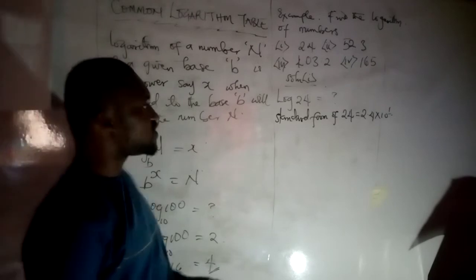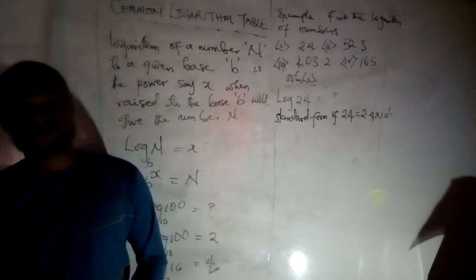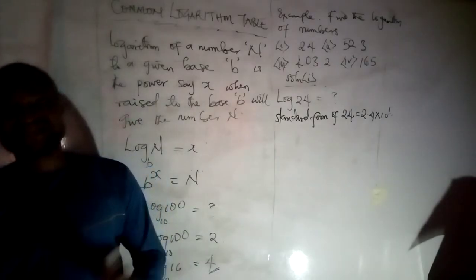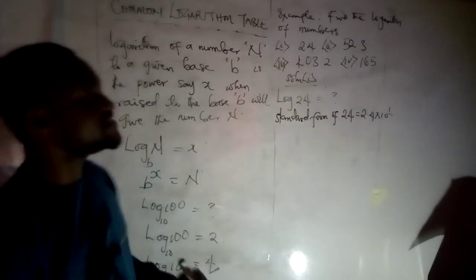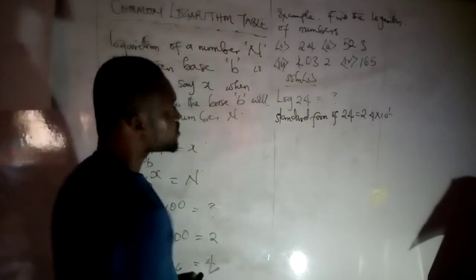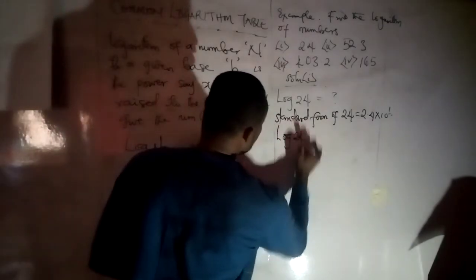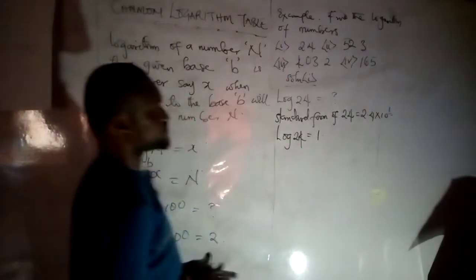And we know that a logarithm has two parts: the characteristic, which is the integer part, and the decimal part, which is called the mantissa. It is this mantissa that we normally look up in our logarithm table.